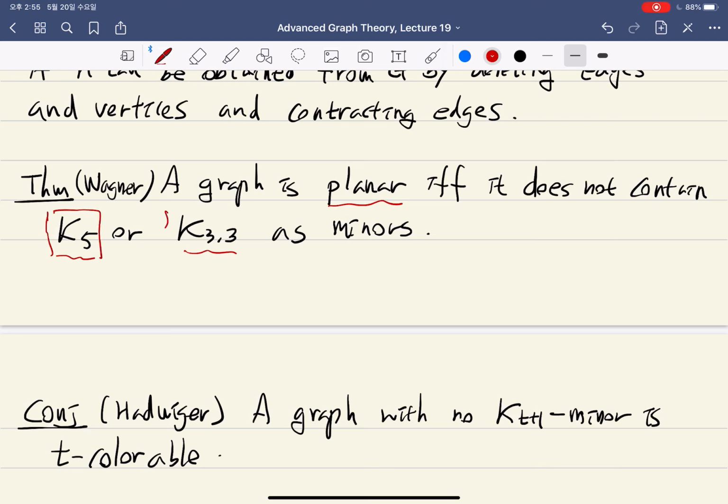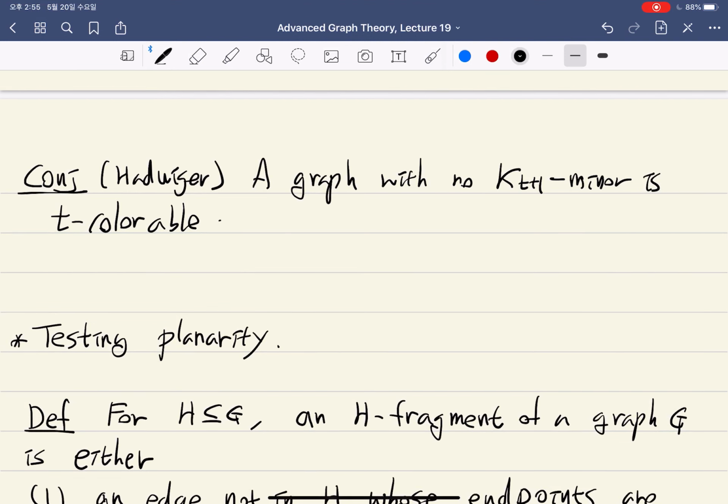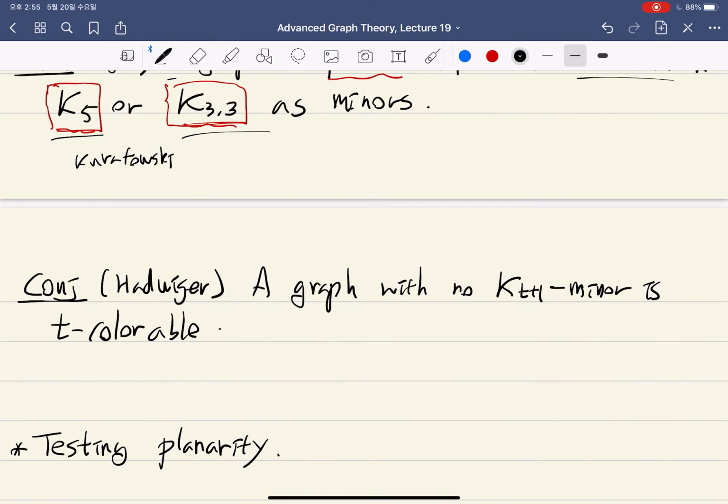So these two are the essential obstructions for a graph being planar. And Kuratowski's theorem says that a graph is planar if and only if it does not contain a K5 subdivision or a K3,3 subdivision. So those are equivalent.